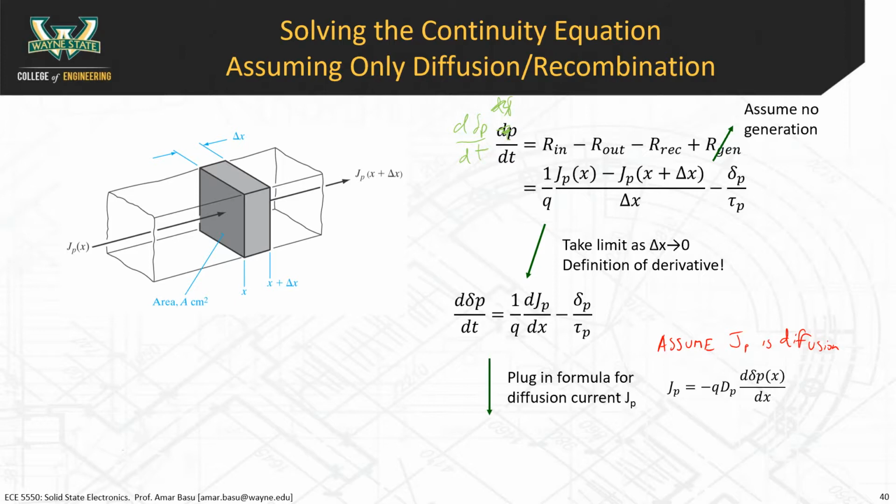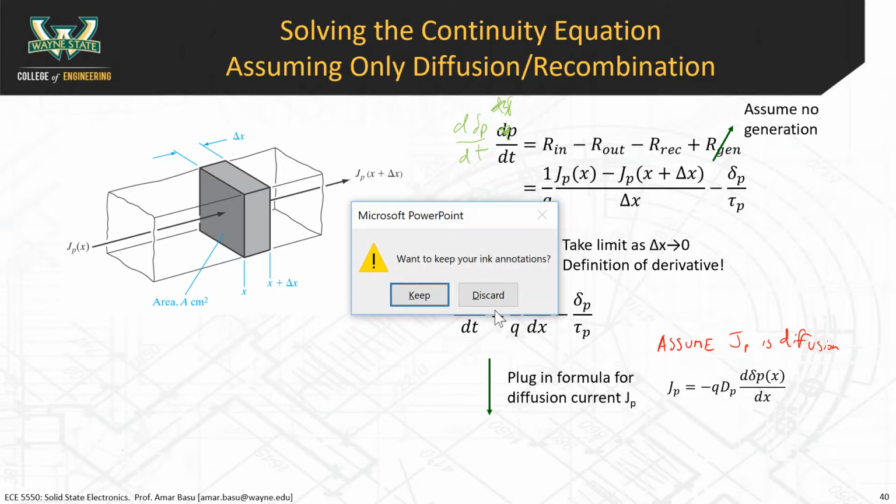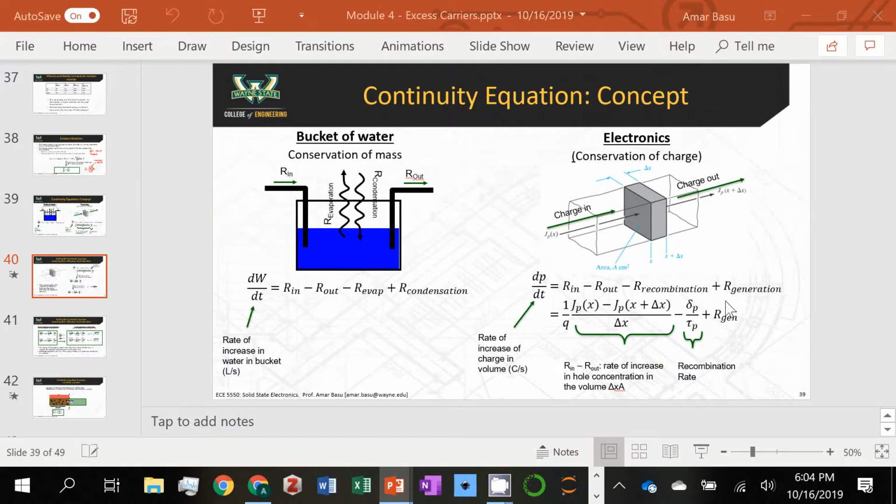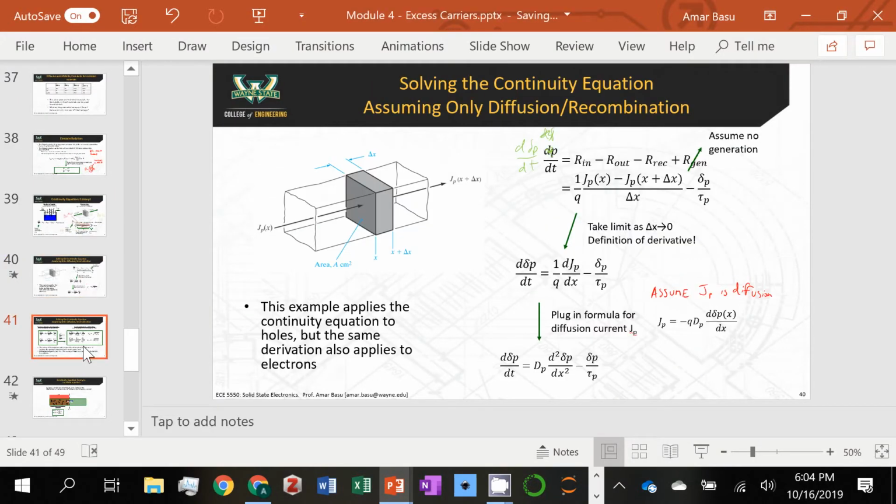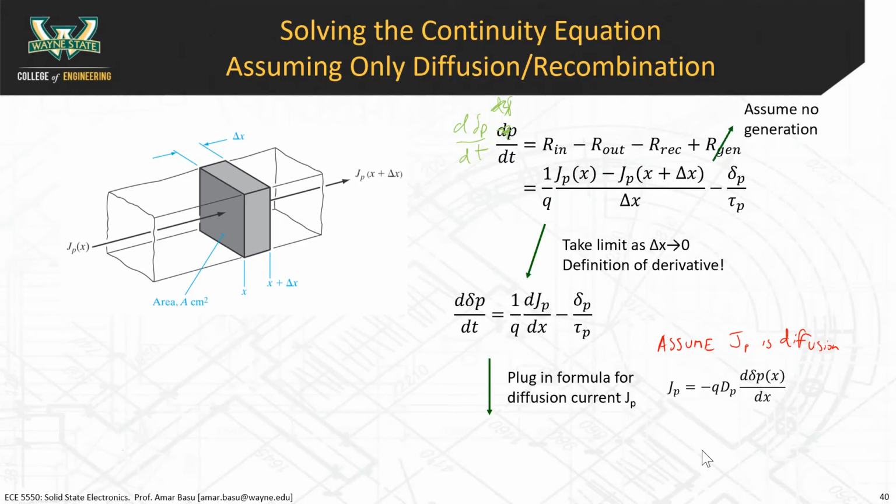All right, and this is the equation for diffusion current that we talked about. I mentioned this in class last time. Negative Q times the diffusion coefficient times the carrier concentration gradient.